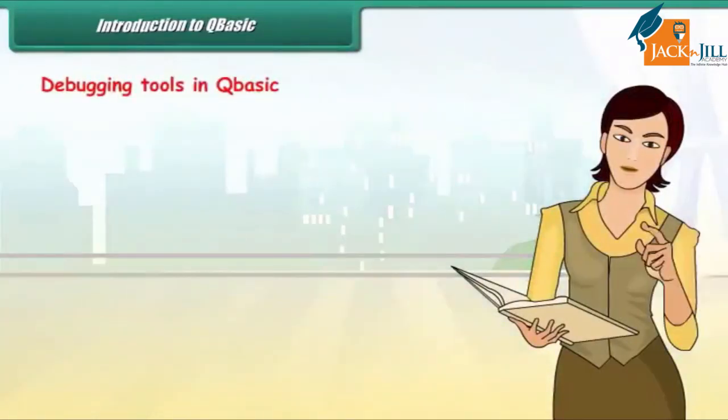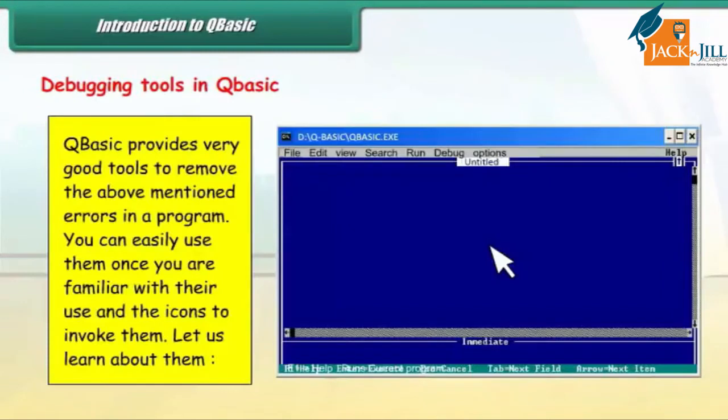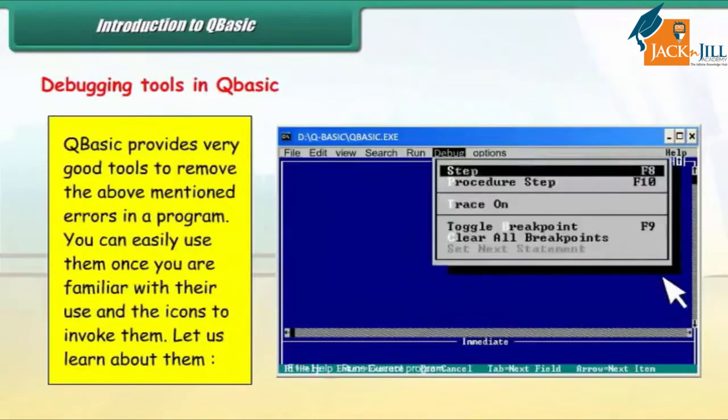Debugging tools in QBasic. QBasic provides very good tools to remove the above-mentioned errors in a program. You can easily use them once you are familiar with their use and the icons to invoke them.